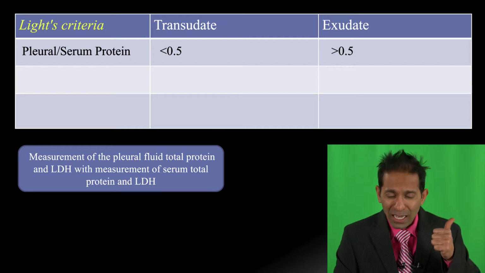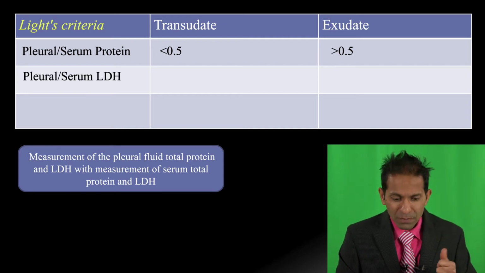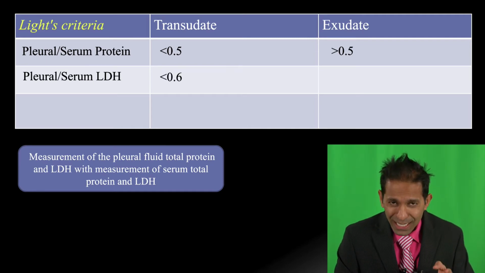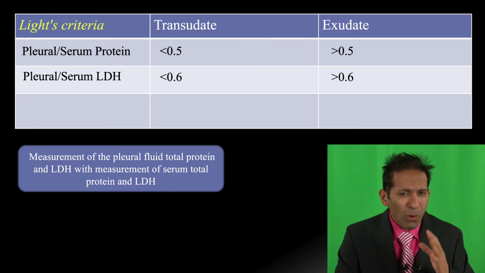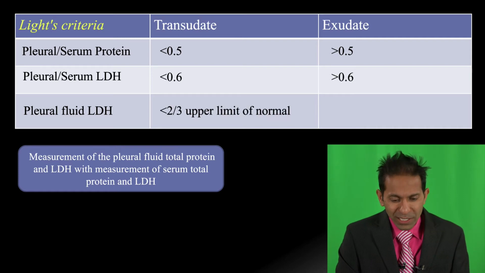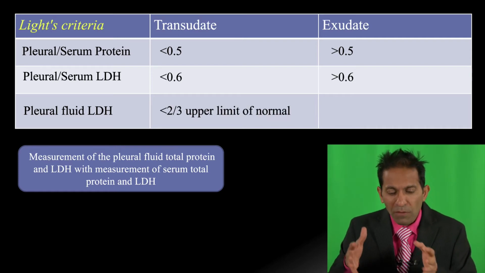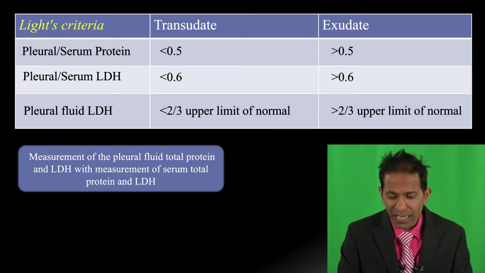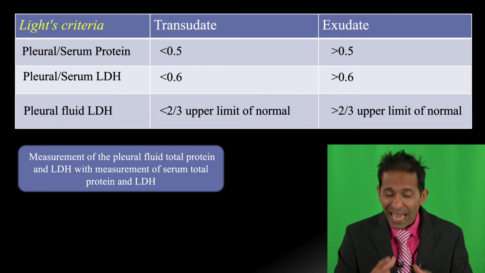Our patient's ratio was 0.7. Pleural to serum LDH, if it is less than 0.6, you are dealing with a transudative effusion. If it is more than 0.6, exudative effusion. Pleural fluid LDH, if it is less than two-thirds of the upper limit of normal, it's transudative. And if it is more than two-thirds of the upper limit of normal, most likely exudative effusion.